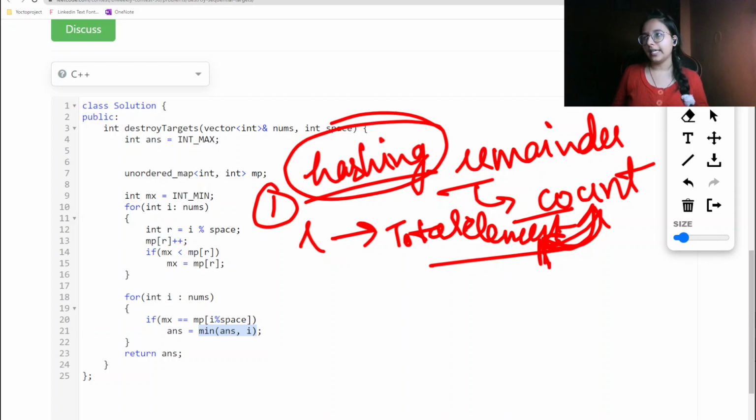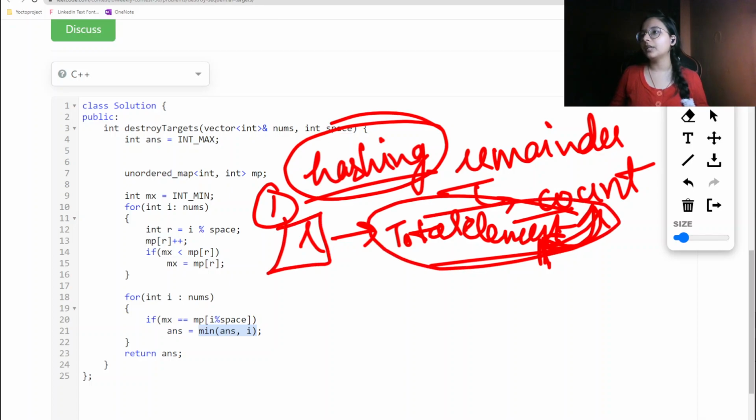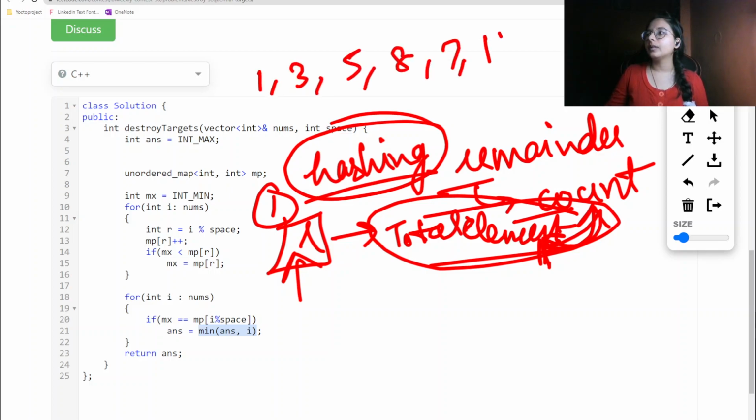So whenever we get a particular count which is equal to the total element count of this remainder, corresponding to this remainder only we will be moving ahead, and then we will be checking what is the minimum element from all those elements, like the example which was there, 1 3 5 8 7 1, right? And the space was 2, right?